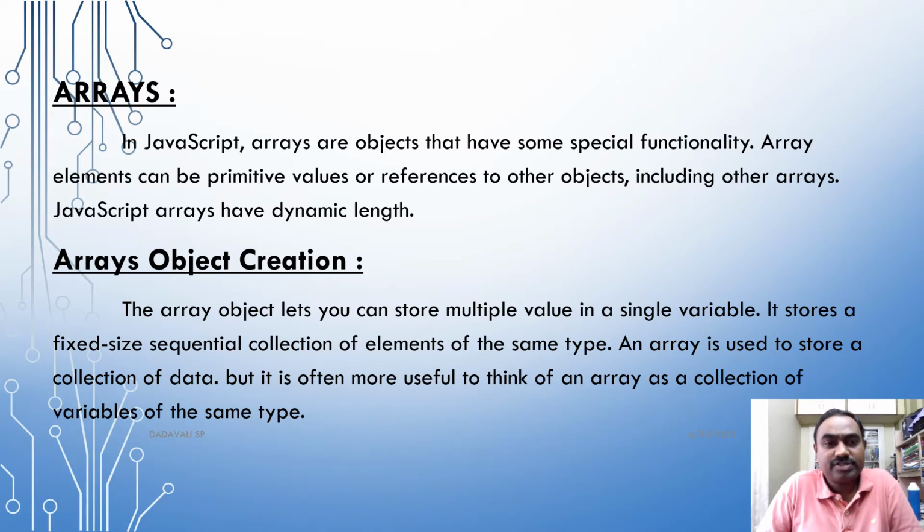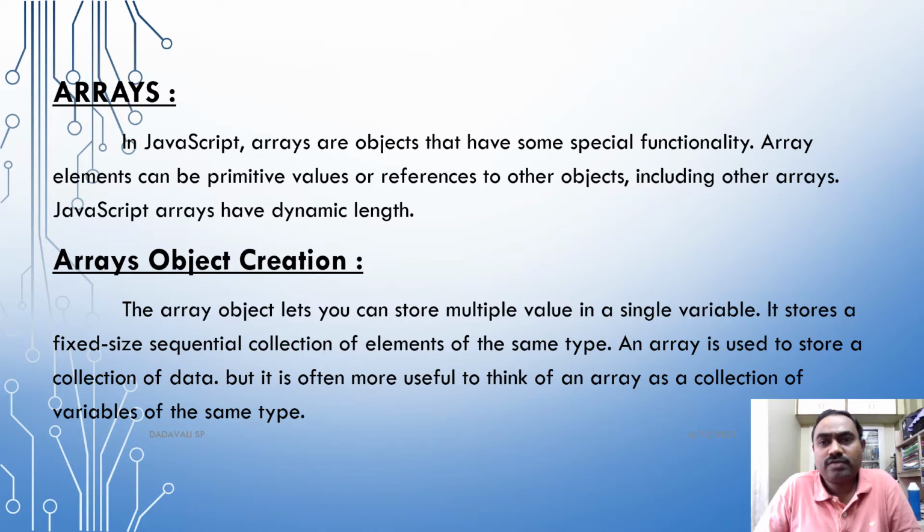Array object creation. The array object lets you store multiple values in a single variable. It stores a fixed-size sequential collection of elements of the same type. An array is used to store a collection of data, but it is often more useful to think of an array as a collection of variables of the same type.